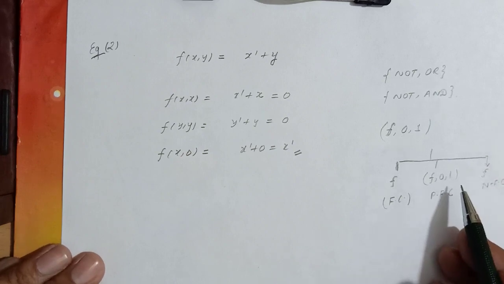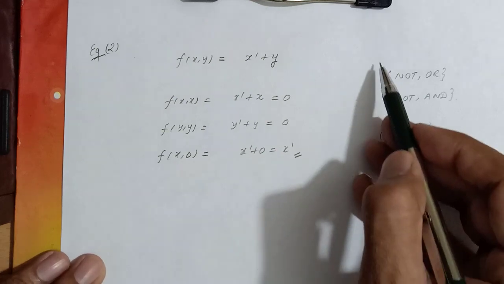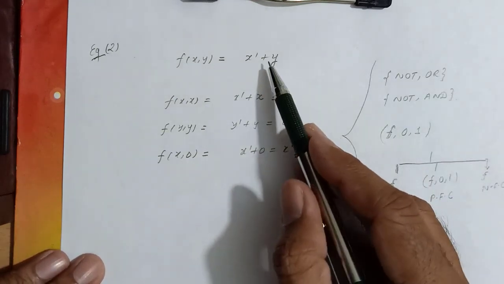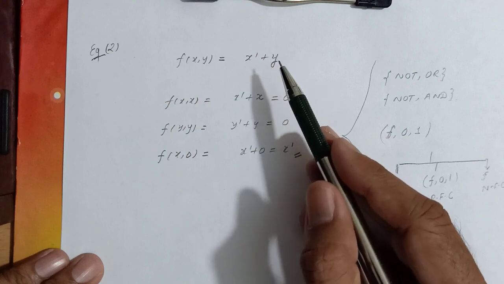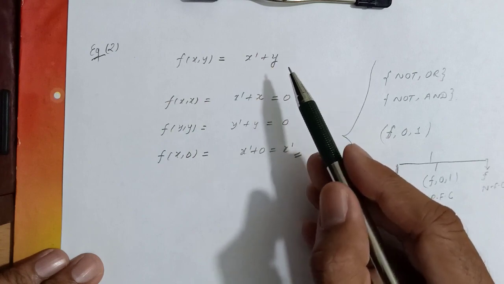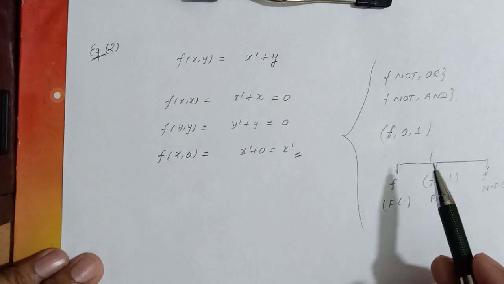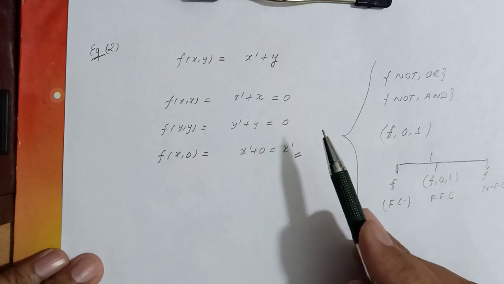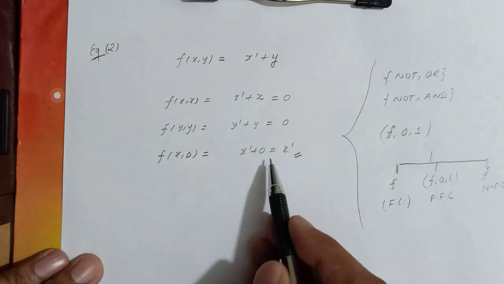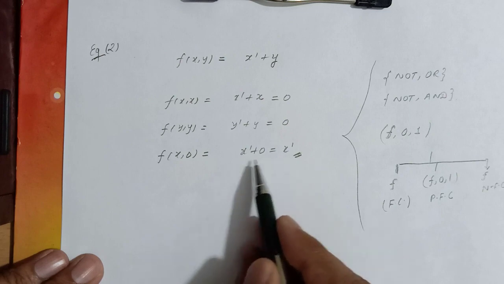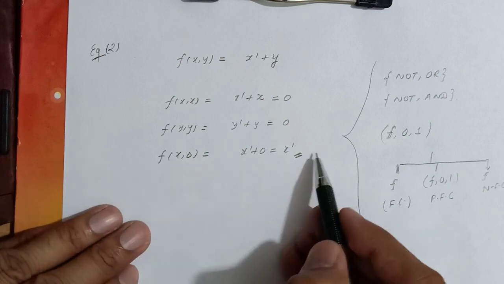Okay, so generally what we can say, if we are using only the operation without the help of 0 and 1, in this case either the function will be functionally complete or partially functionally complete. Okay, so in this operation we are taking the help of 0, so clearly we are able to derive not operation.